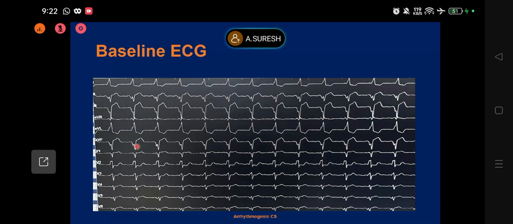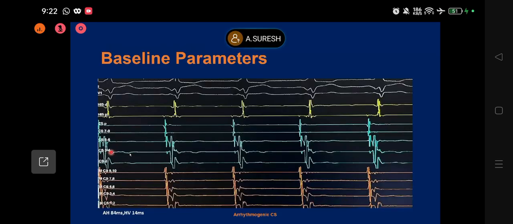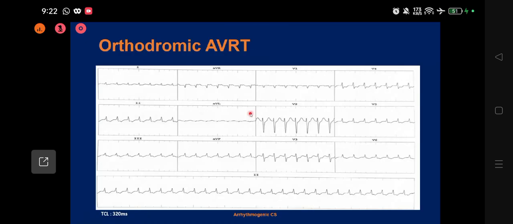So this is the baseline ECG. As you can see, there's a negative delta wave in 2, 3, aVF and negative in V1, suggestive of an epicardial accessory pathway. These are the baseline parameters: AH is 84 milliseconds, HV is 14 milliseconds. Then AVRT, a short RP tachycardia, was easily inducible.